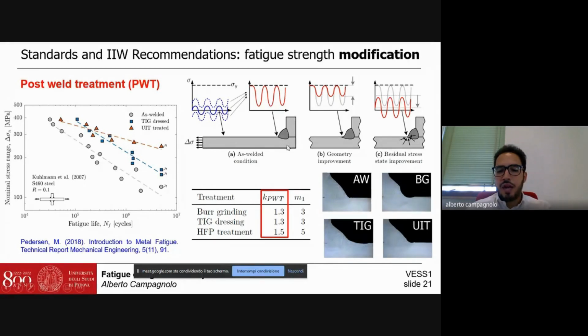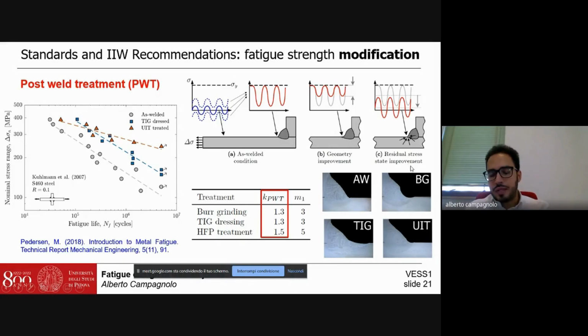Starting from a given welded joint, we can adopt a treatment to improve the geometry, which allows to enlarge the weld toe radius, so that enlarging the radius we can reduce the stress concentration factor, and therefore starting from this welded condition and from the same applied nominal load, we can reduce the stress range applied locally, and so we can increase the fatigue strength of the joint.